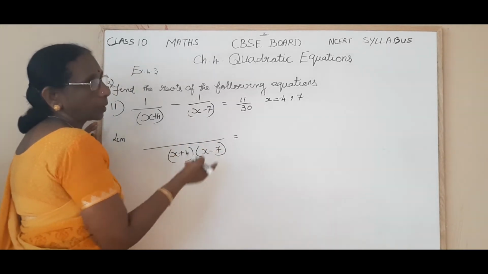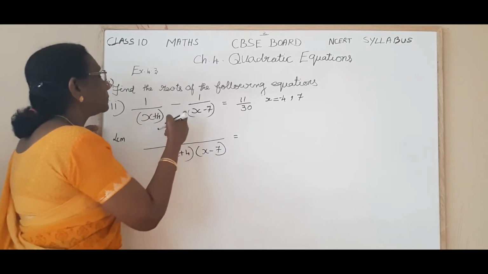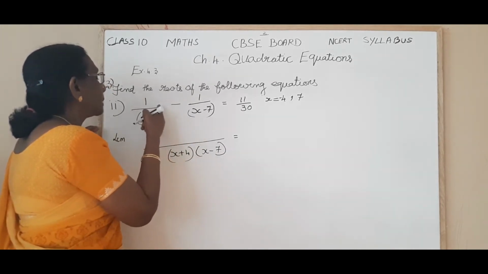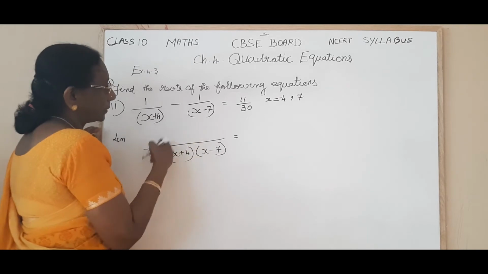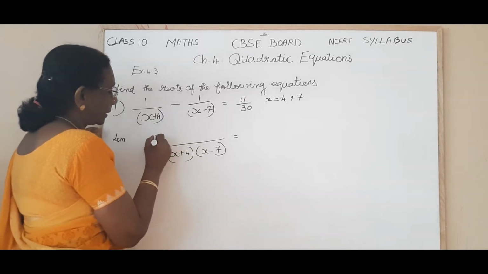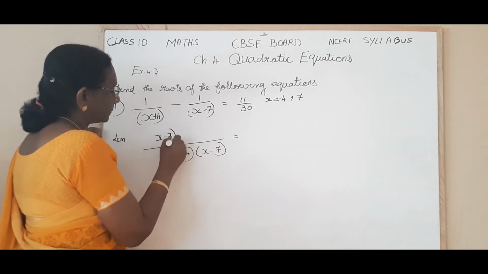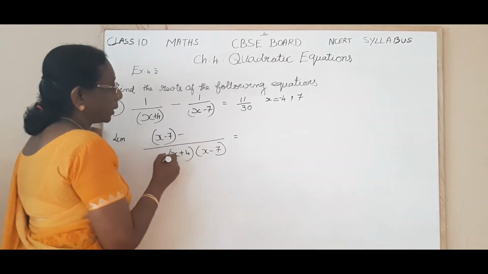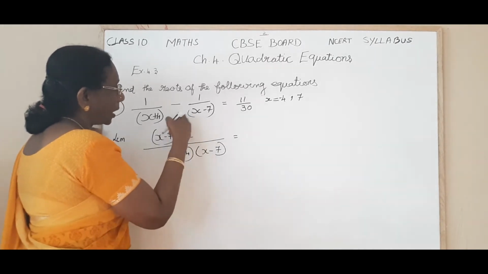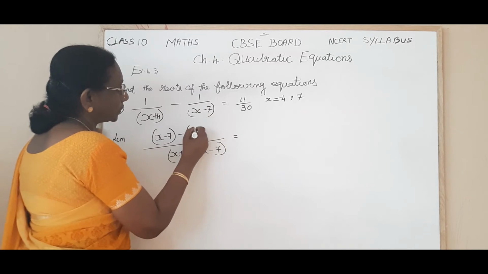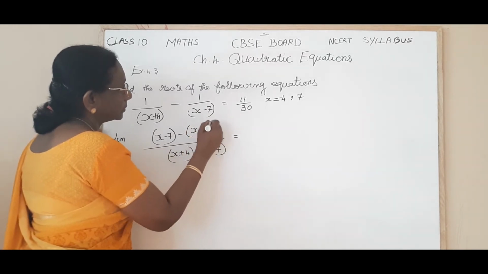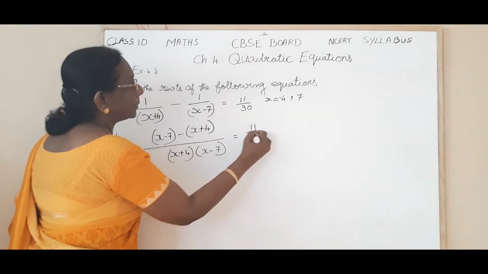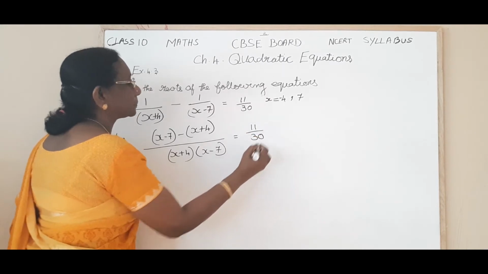So both. Now here which is missing? This x minus 7 is missing. So x minus 7 minus of here x plus 4 is equal to 11 by 30.